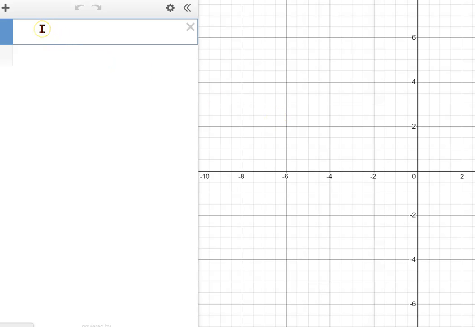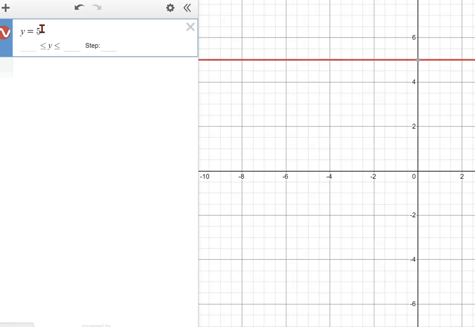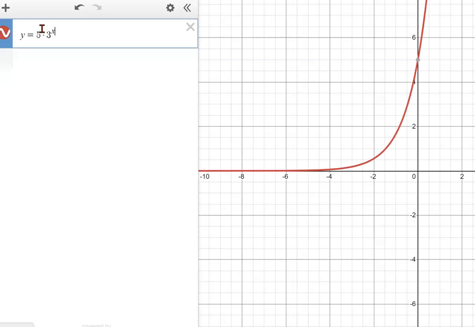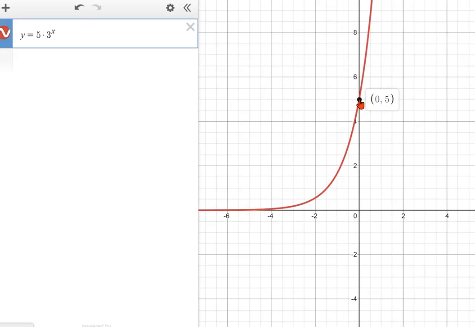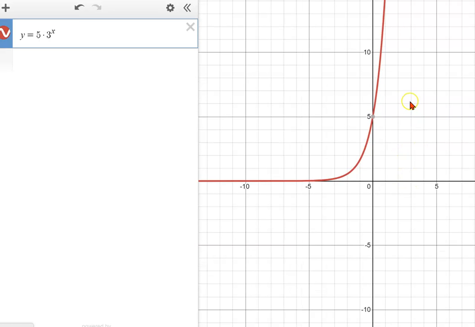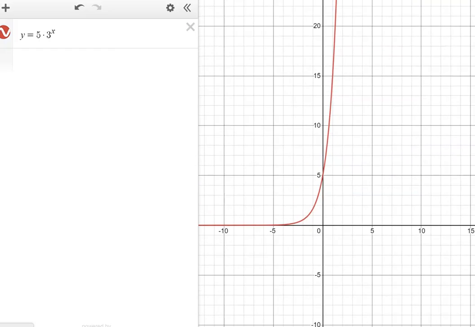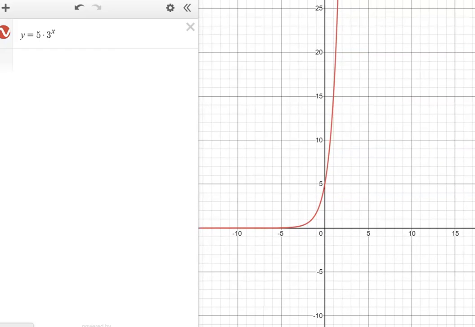All you have to do is type our equation, y equals 5 times 3 raised to x. If you see our graph here, at the beginning, you have 5, and when you increase this, you will see that, look at the graph, it's not linear.